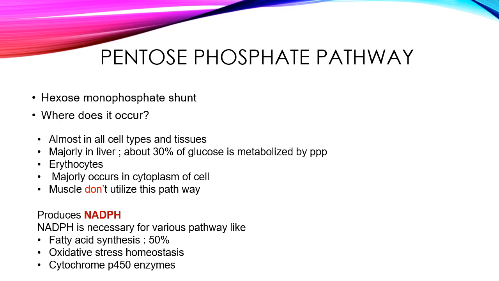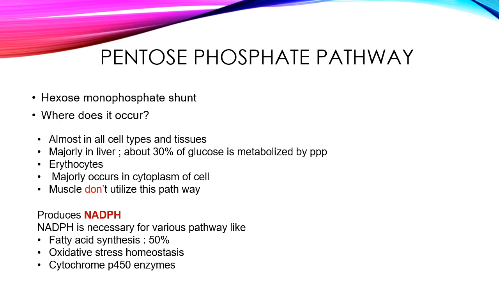Okay, so what does it produce? It produces the reduced form, NADPH. NADPH is very essential in various pathways like fatty acid synthesis, where 50% of NADPH produced by pentose phosphate pathway is utilized.